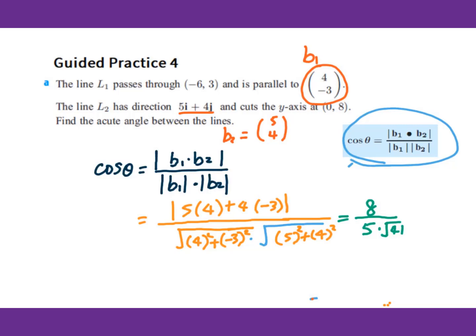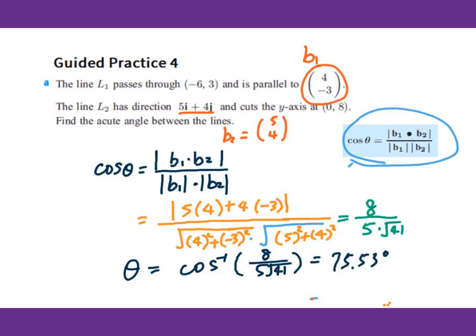Then we put it into the calculator. Theta equals inverse cosine of 8 over 5 square root of 41, which gives theta equals 75.53 degrees. Remember, when you do the inverse cosine, you have to put the mode into degrees, not radians.